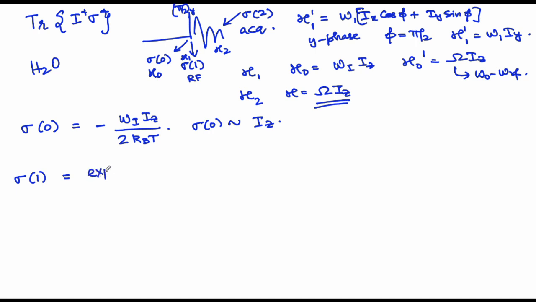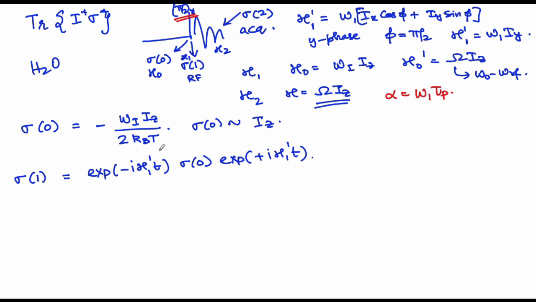You have to apply exp minus i H1 prime t times sigma 0 times exp plus i H1 prime t. If you might recollect, for a pi by 2 pulse, alpha is given by omega 1 times tau p, so this t here is nothing but tau p, and the Hamiltonian 1 is going to be given by omega 1 times Iy.